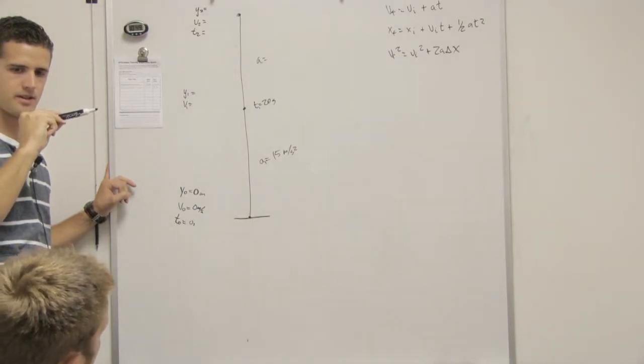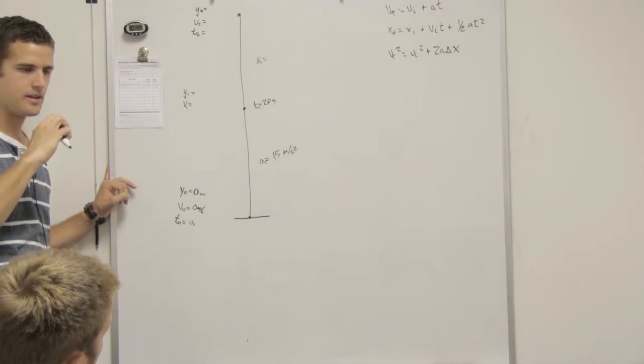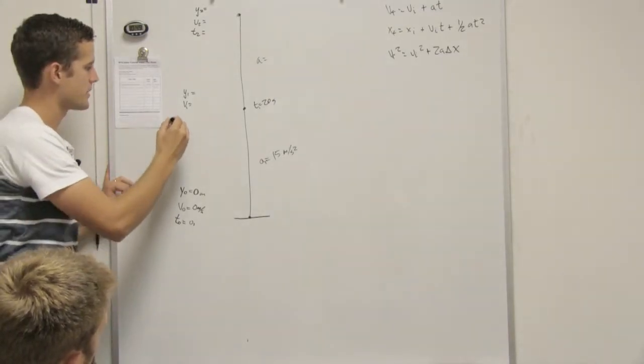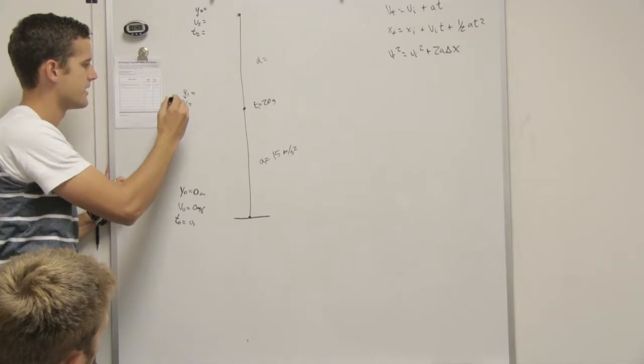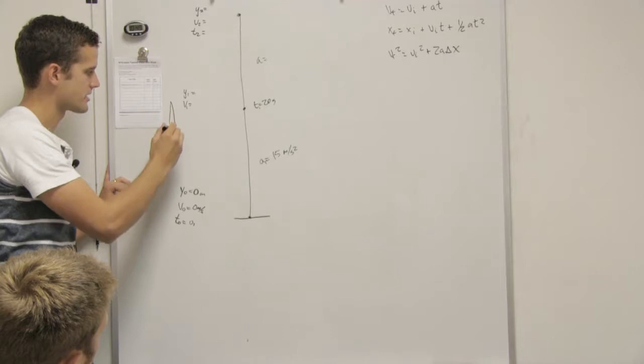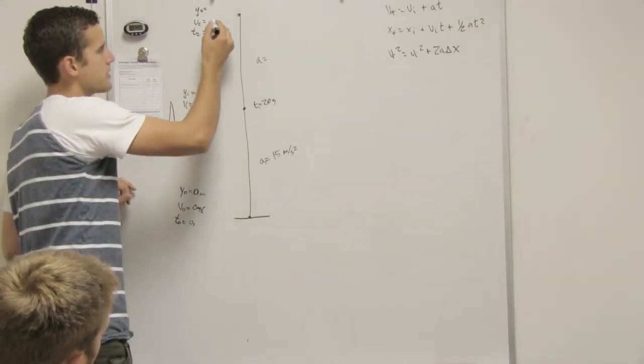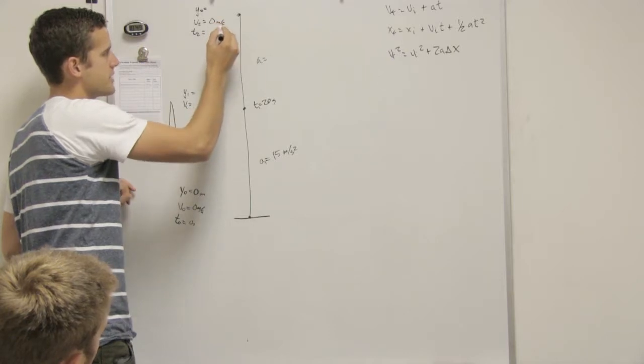It comes up, going up and up and up, and then right here it runs out of speed and stops. It starts to go down. So we know that our velocity at the top is going to be 0 meters per second.